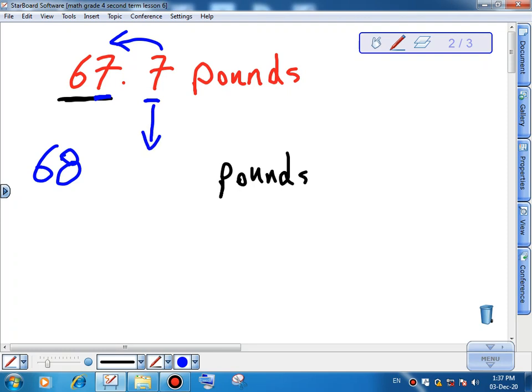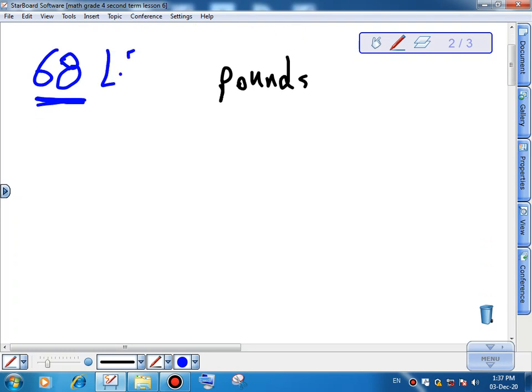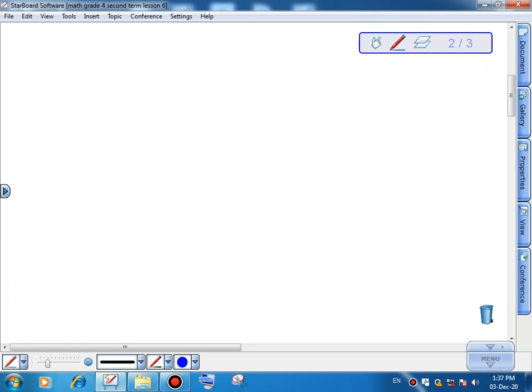If it is smaller than 5, it doesn't do anything, just cancel it. If it's 5 or more, 5, 6, 7, 8, 9, just add 1 to units and cancel the decimal part. 7 is a strong number, add 1 to 7, it will be 68 pounds. 68 LE. Okay?